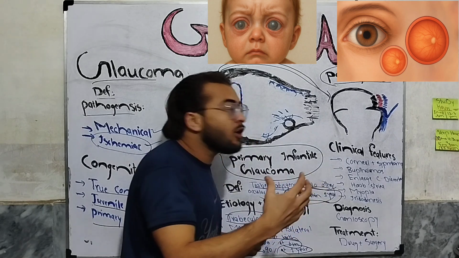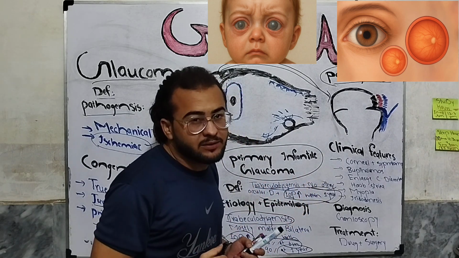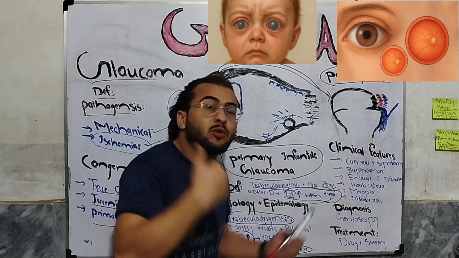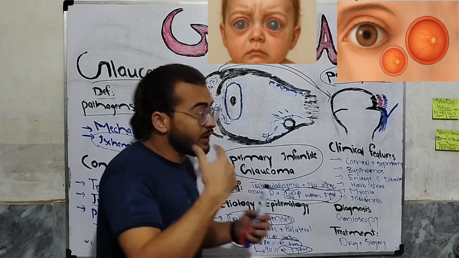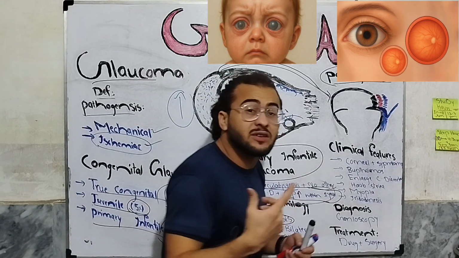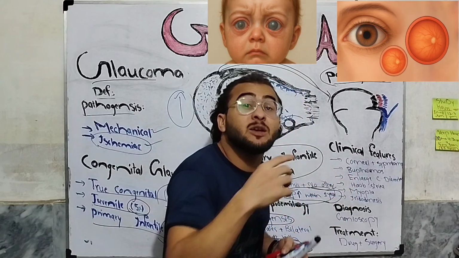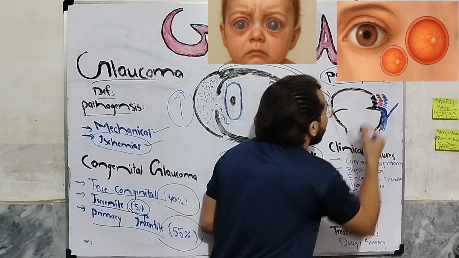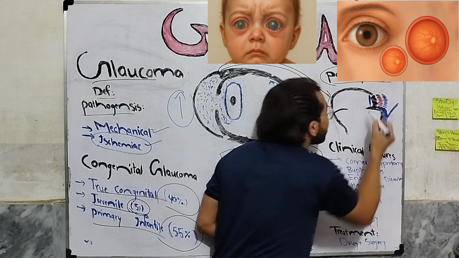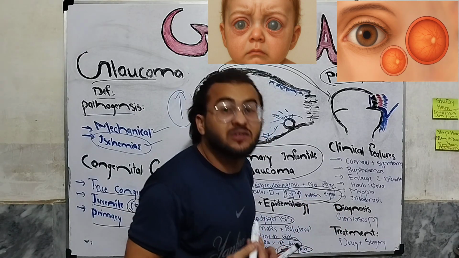But what type of anomaly is present is under debate. Why? Because there are several theories. One theory suggested there may be a membrane present in front of this trabecular meshwork, and they named it Barkan's membrane.